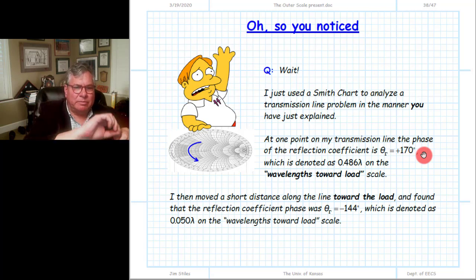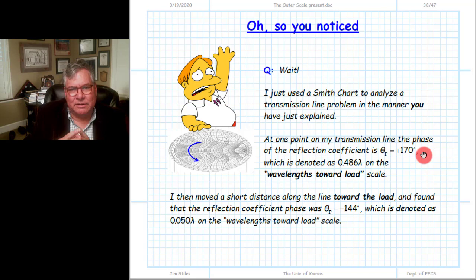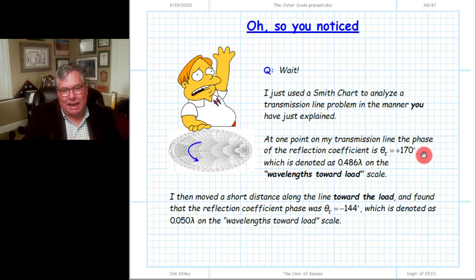And so we're basically rotating from the open circuit point almost all the way around the Smith chart, the complex gamma plane, to where the short circuit is. If we look at the corresponding electrical length scale on the Smith chart, on the wavelengths toward load scale, we'd find that 170 degrees corresponds to a mile marker value of 0.486 lambda.